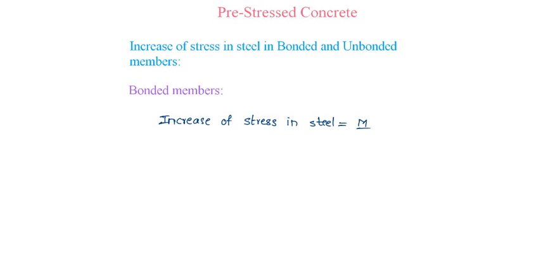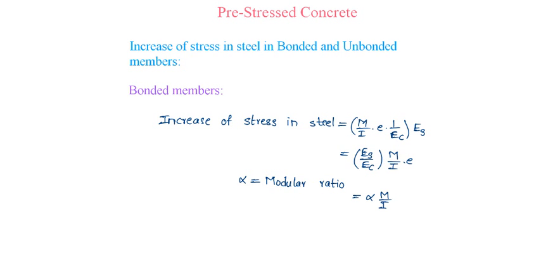Strain is M by I into E into 1 by EC into Young's modulus of steel, which will be ES, that can be written as ES by EC into M by I into E, where ES by EC is equal to alpha, the modular ratio. Then this becomes alpha into M by I into E. Say at any level Y, this will be equal to alpha into M by I into Y.